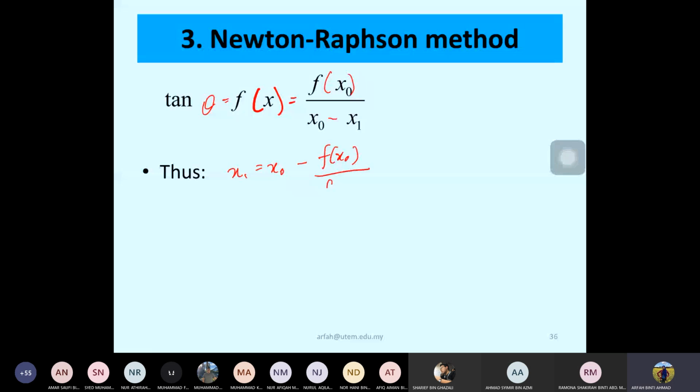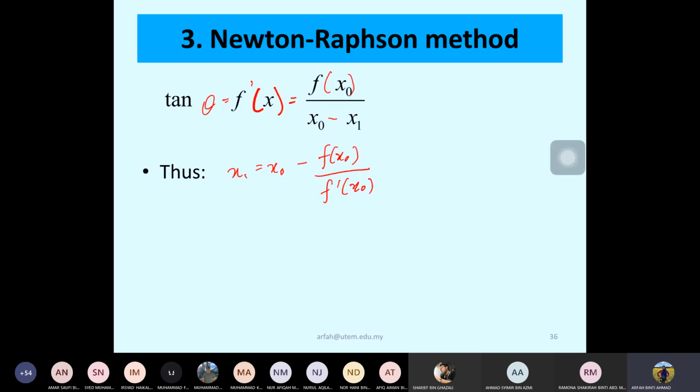Yang ini nampak dekat slide, saya ada conteng-conteng ni. Can you see? Semua boleh turn on mic? Boleh nampak Miss. Ah, yang atas tu, yang tan theta tu bukan f prime x ke? Oh ya, f prime x. Thank you. Okay, terima kasih yang betulkan.